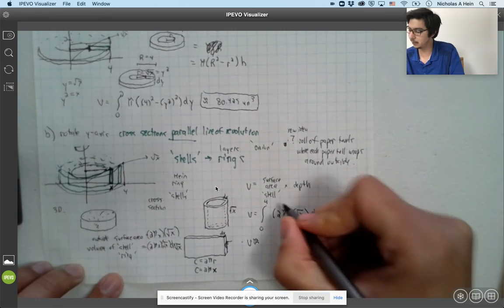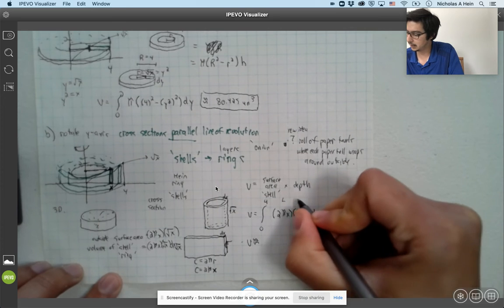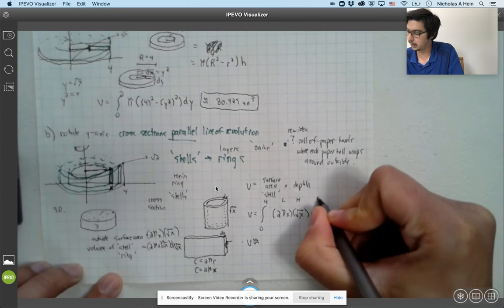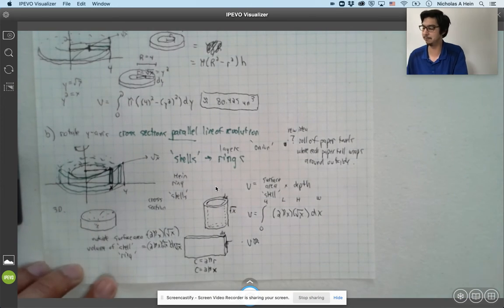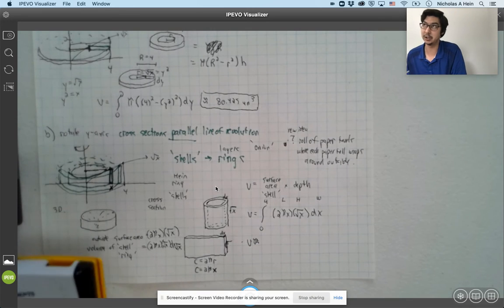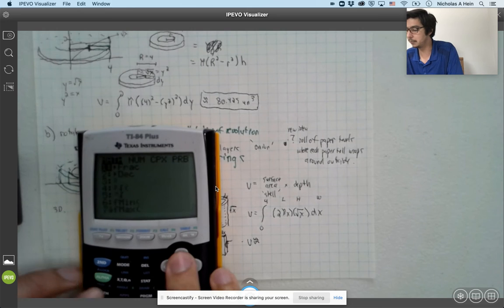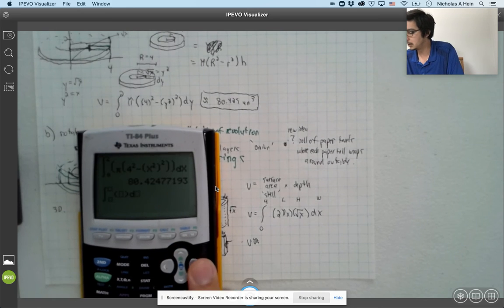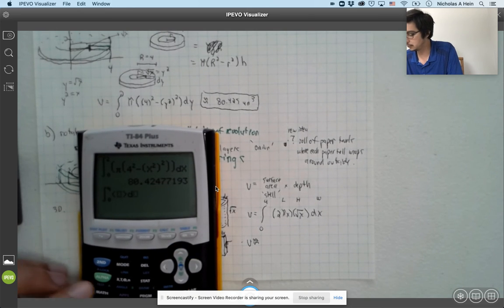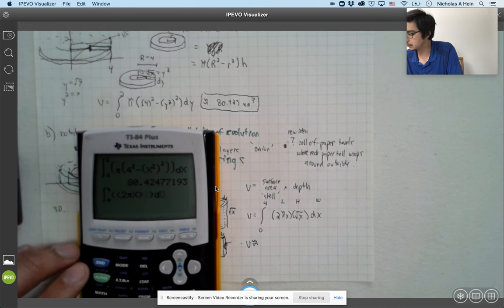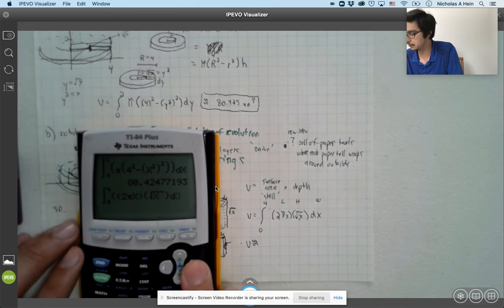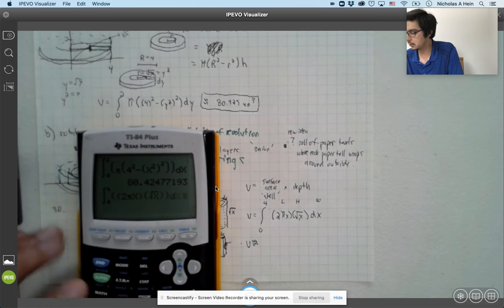So again, where does this come from? That's the length, the height, and the width of our rectangular prism, which is the shell unraveled. So here we go. Let's see if we get the same thing, and I hope we do. Math function integral 0 to 4 of, use new parentheses, 2 pi x times square root of x dx.